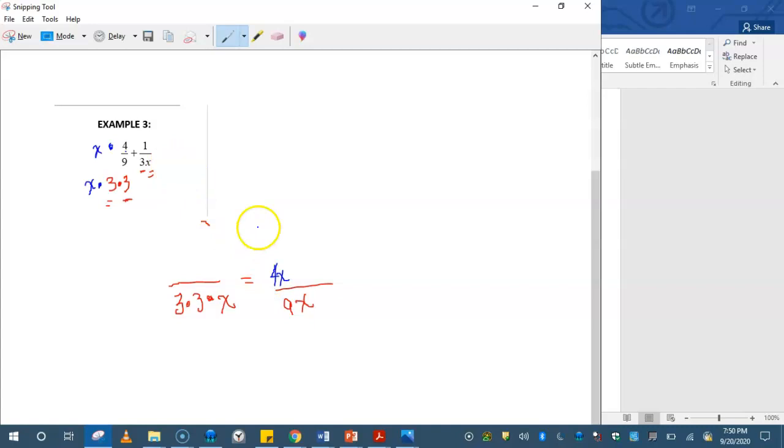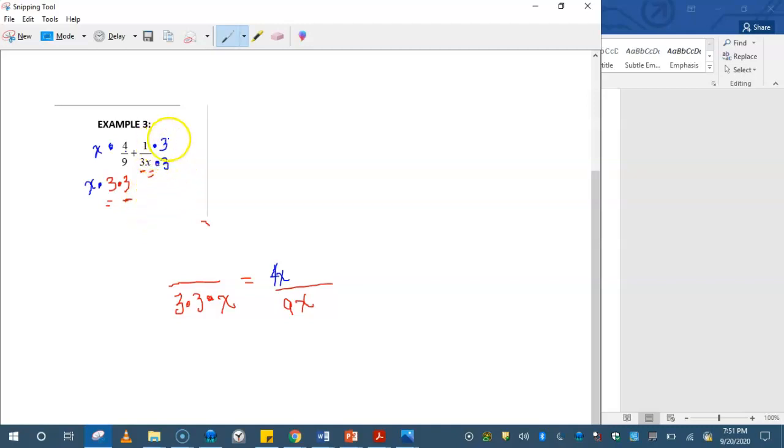All right. Let's look at my second fraction. My second fraction is missing a 3, right? It has the 3, but it doesn't have the second 3. It has the x, but it's just missing a 3. So I got to multiply the denominator times 3, and I'm going to multiply the numerator times that 3 as well.